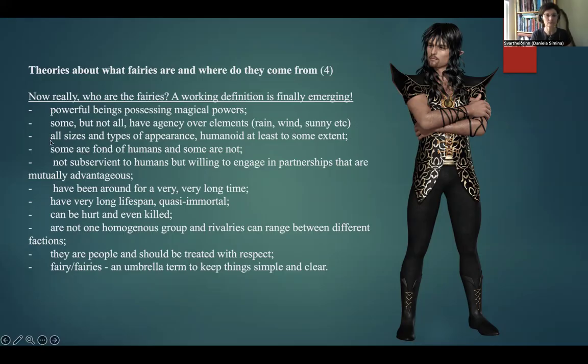Some, but not all, have agency over elements. Some, but not all, have agency directly or will bother to directly influence humans' lives. So they have different purviews. They are of all sizes and appearances, and they're humanoid, at least to some extent.